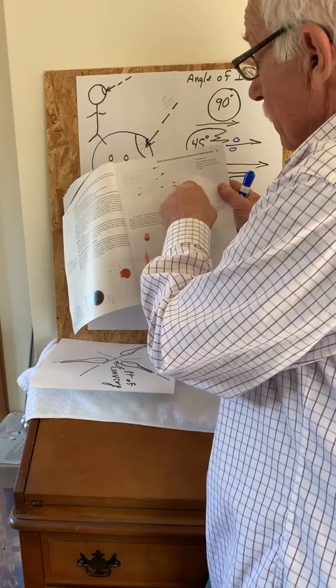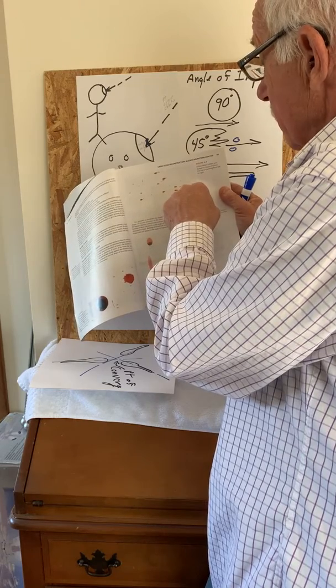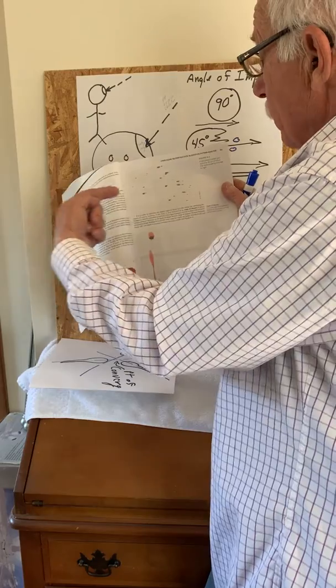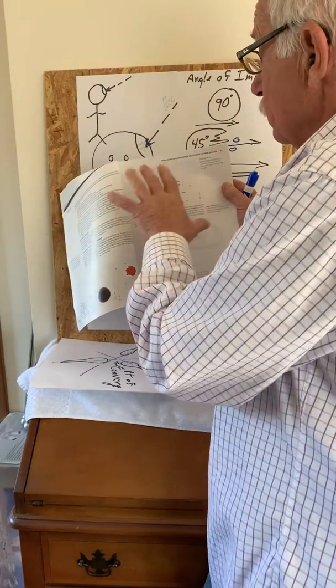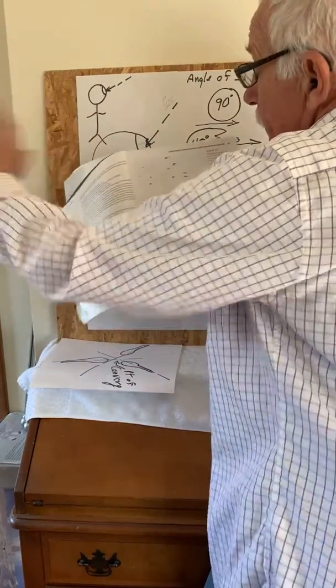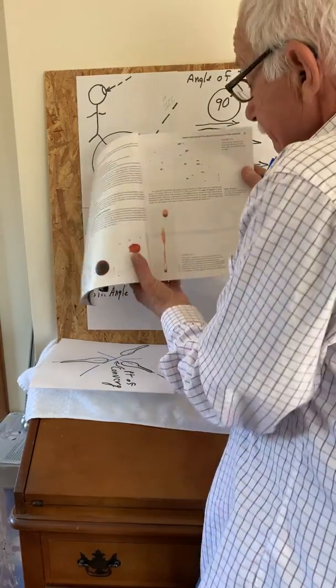And these are very elliptical. They have tails, they have some satellites, etc., but all of them are pointing in the direction from left to right. And so we know that the point of origin of this blood had to be over here to the left somewhere. That becomes very critical.